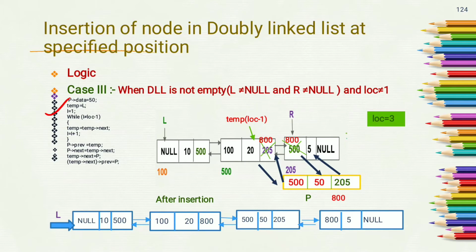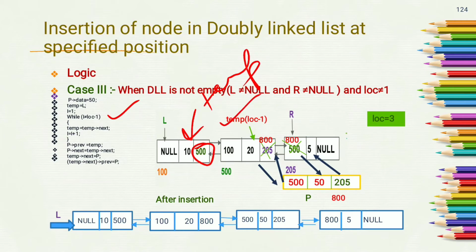Initially point temp to the node which is pointed to by L, so I write temp equals L. Now we use a variable I which equals 1, because here we are at location 1. We update the value of I while I is not equal to location minus 1. Initially temp points to the first node, and if I is not equal to location minus 1, we move temp to temp next, that means to the next node, because temp next contains the address of the next node.